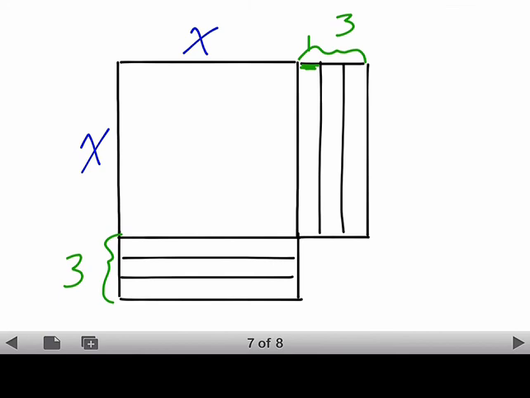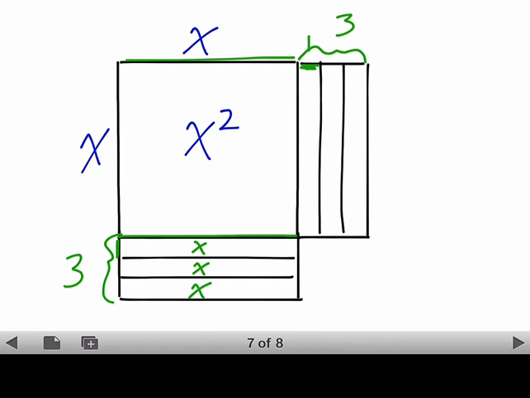If we consider the area of each of these figures, the area of the square is x squared. And for each of these rectangles that's attached, the width is 1 and the length is x, because it has to match the x up at the top. So each of these rectangles has an area of x times 1, so x.